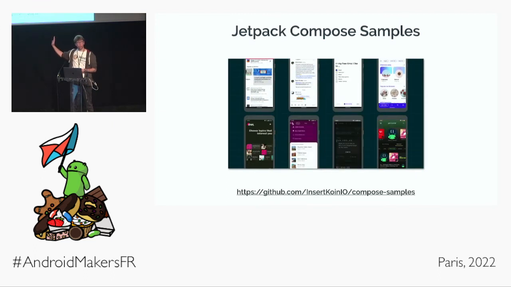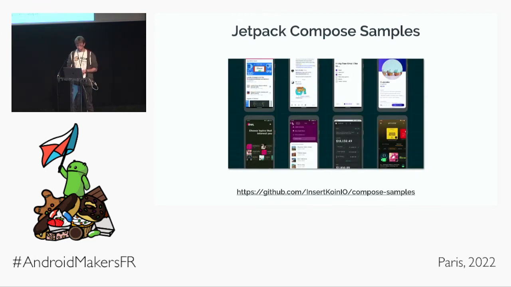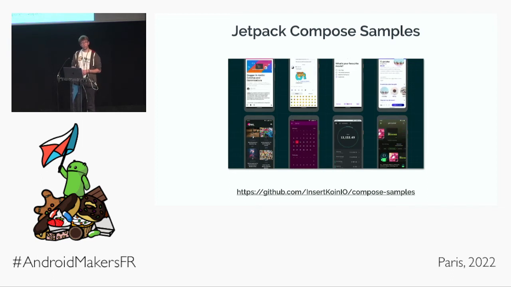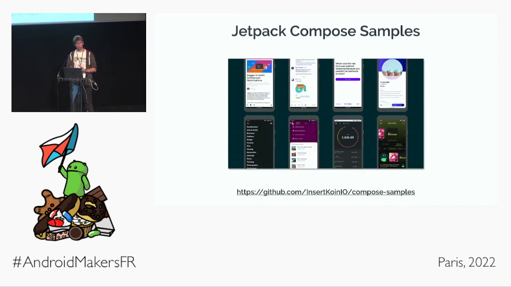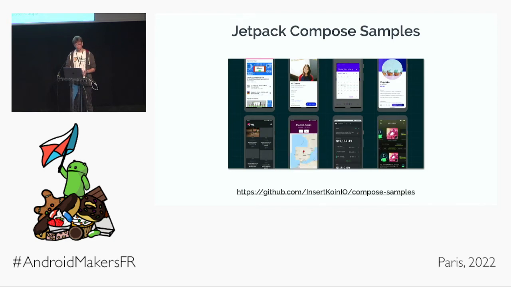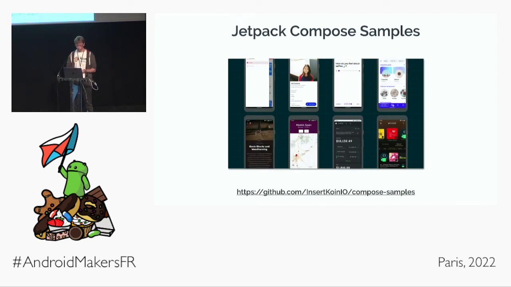We begin to work on this. We forked the default Jetpack Compose samples to demo how we can play with Compose and Koin and inject things around. Then you can see the repository here.